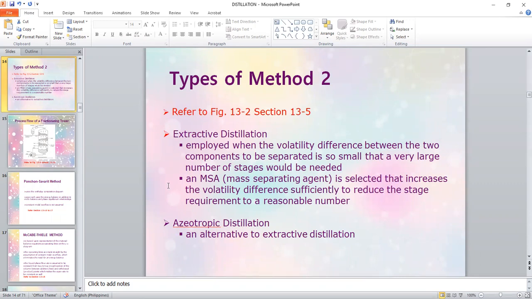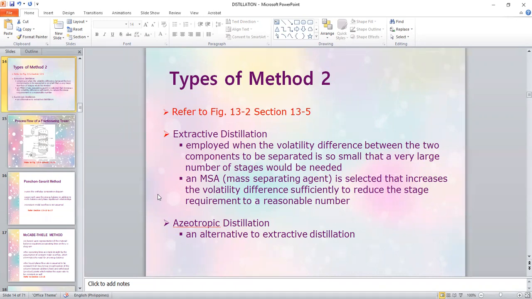In here, we are employing the difference in the volatility of the two components to be separated. This is used when the difference of the volatilities of the two components is very small.